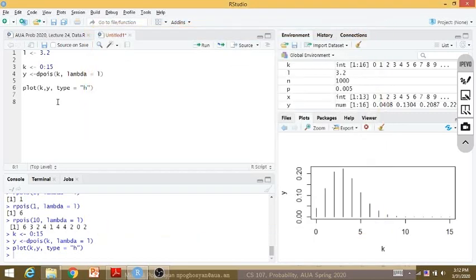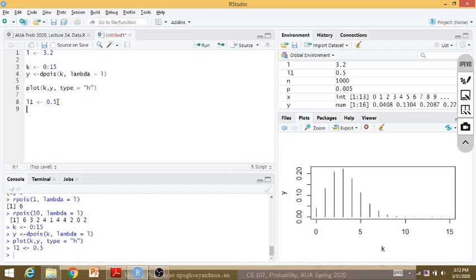Okay, now I want to add to this. I want to compare PMFs for different cases, different values of lambda. So let me take another lambda. Lambda is, sorry, this is not correct, 0.5.